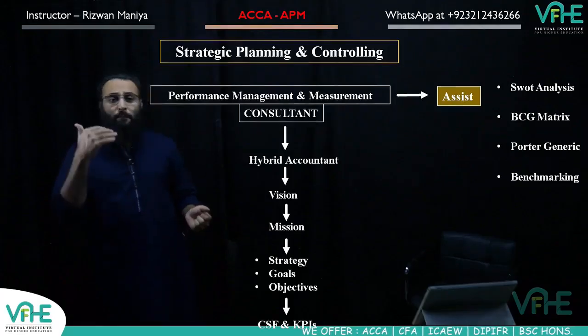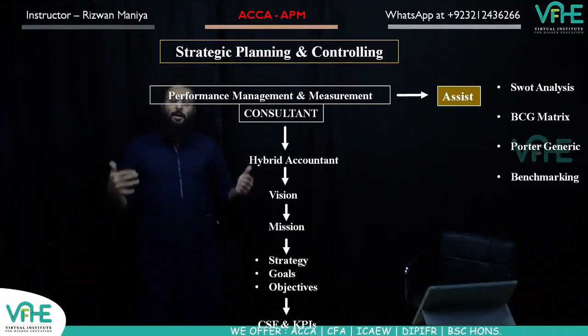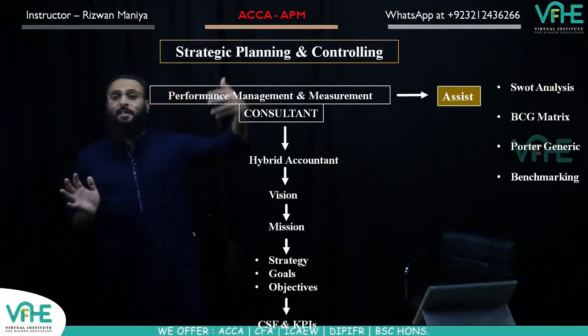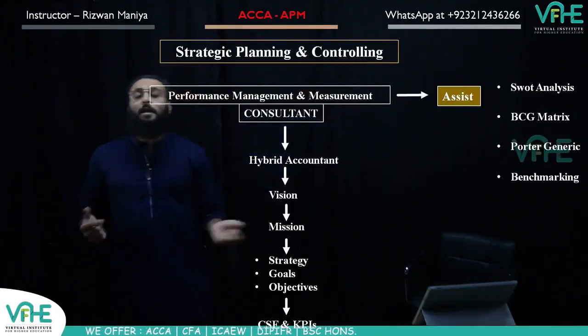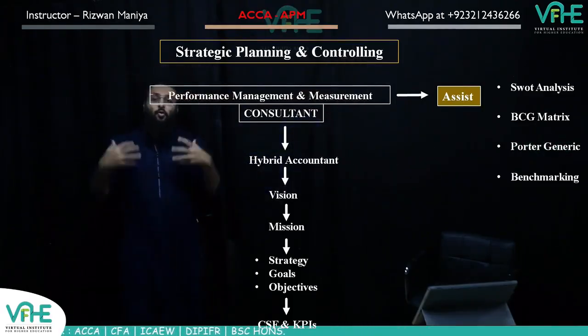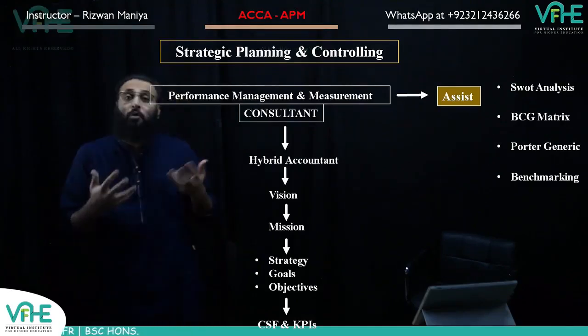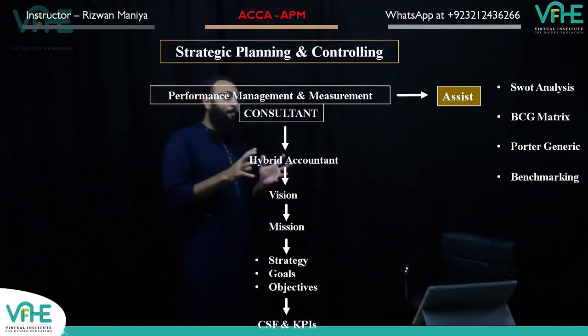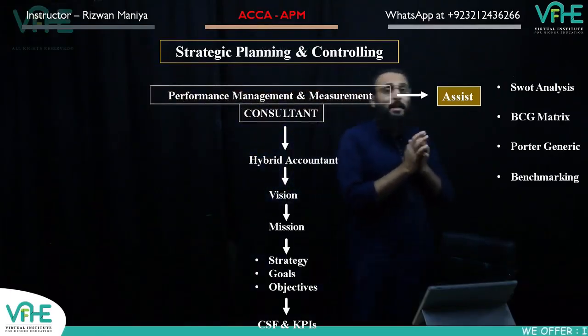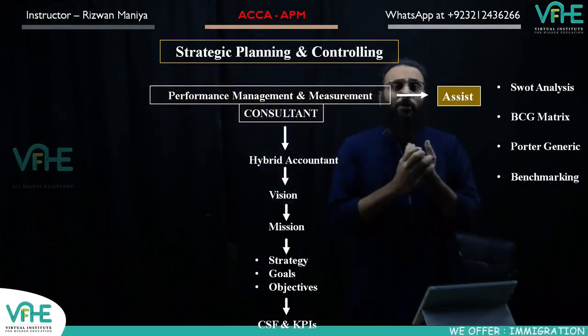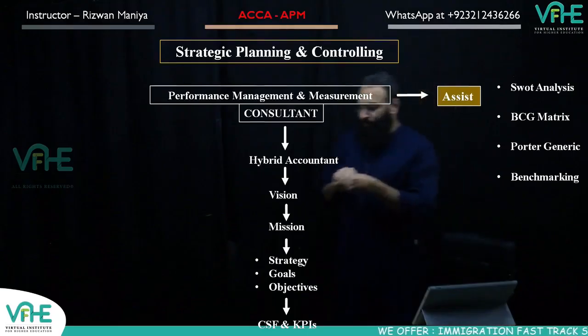For example, a production company marketing department, you can benchmark with a service company marketing department. So this gives you new working methods, this gives you idea about how to work out new things, but again it has a problem that whether those things are effective for our industry or not.